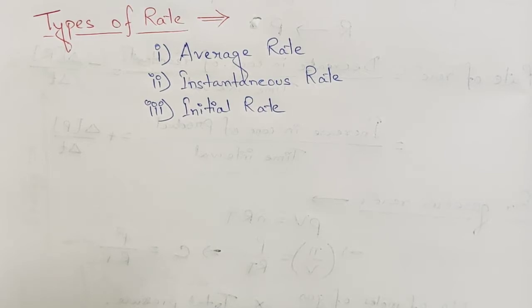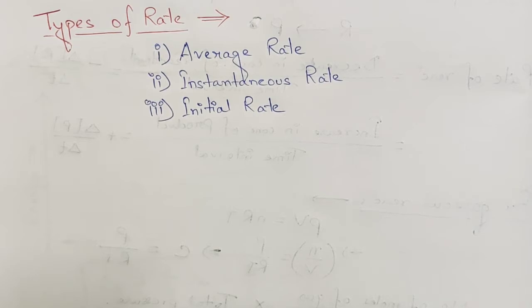When we write the rate of reaction in that way, a difficulty arises. Why is that? According to the law of mass action, the rate of reaction depends upon the molar concentration of the reactants, which keeps on decreasing with the passage of time.